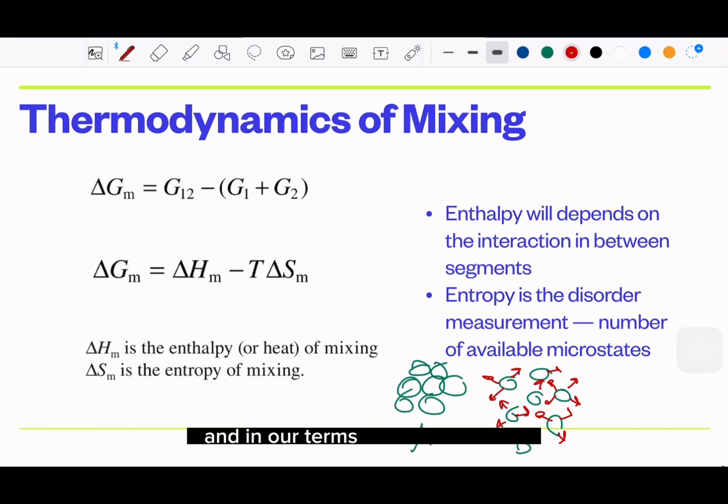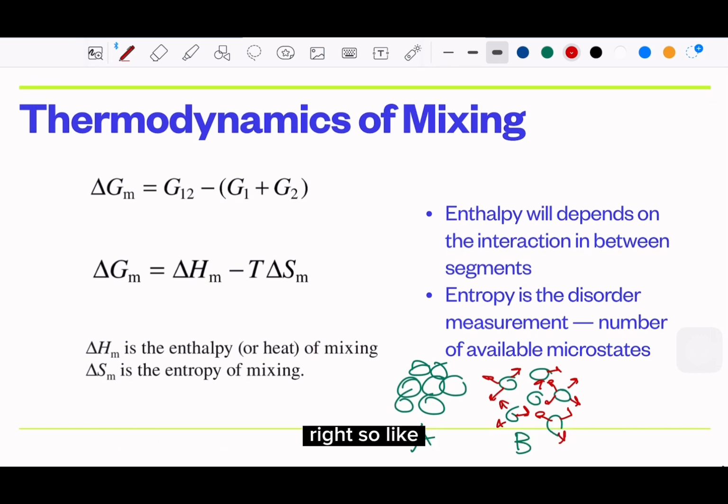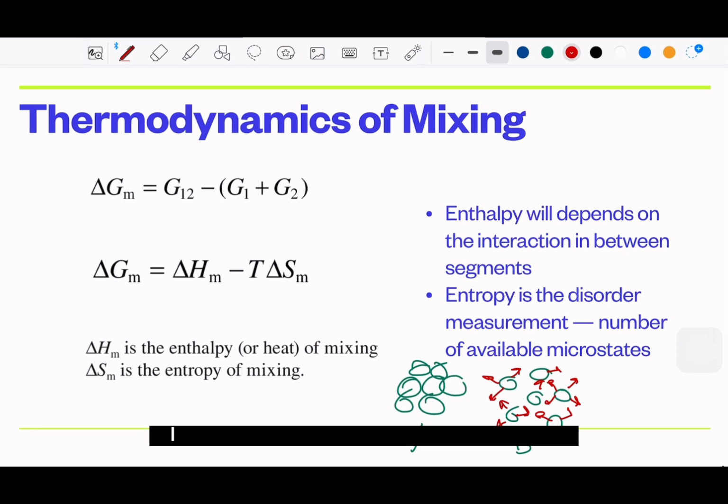And because we learn in a small world, the micro world, we say they are microstates. So it has more flexibility to move, to find a way that is much safer and needs less energy. For example, I'm trying to give you an analogy, like metals.